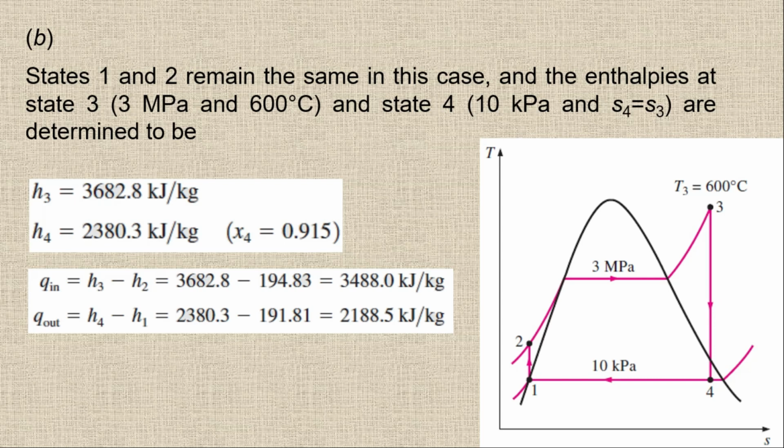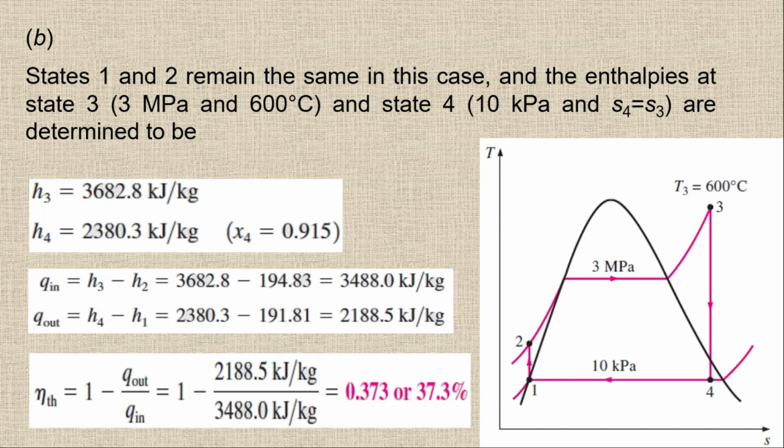So here you can see the Q in and Q out are also changed, and then we can find the efficiency. When you solve this, we will get the efficiency of the Rankine cycle around 37.3%. So efficiency is increased.